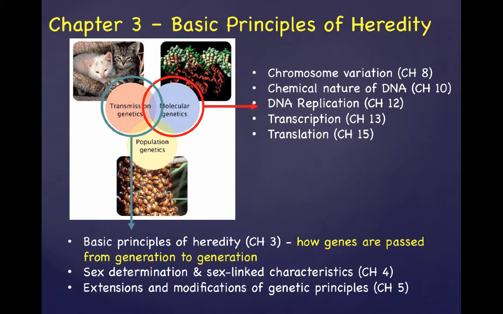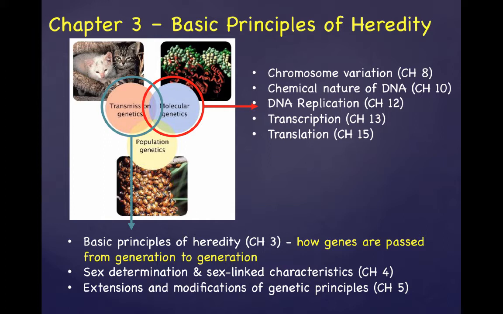And the reason that we have left transmission genetics to the end of the semester is because these concepts tend to be a little bit easier to grasp. Whereas molecular genetics has a lot of moving parts and pathways and upregulation and downregulation and all of that good stuff.